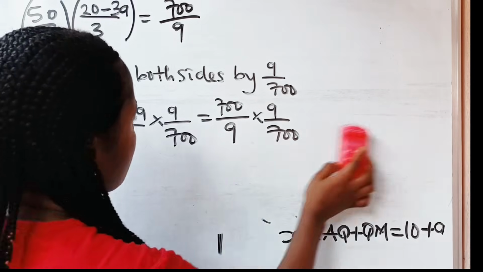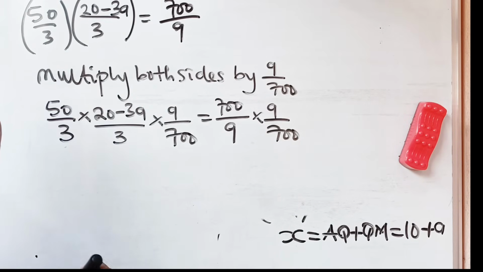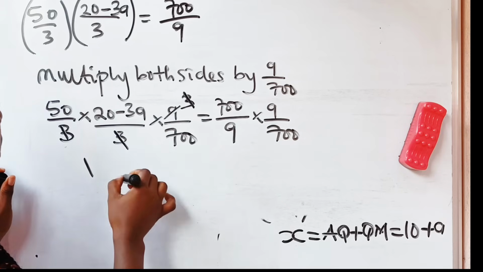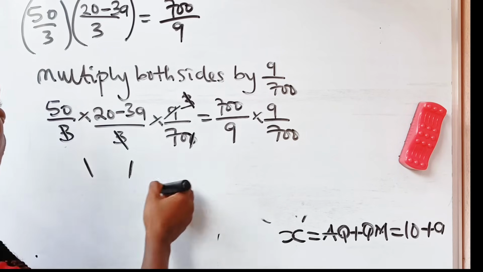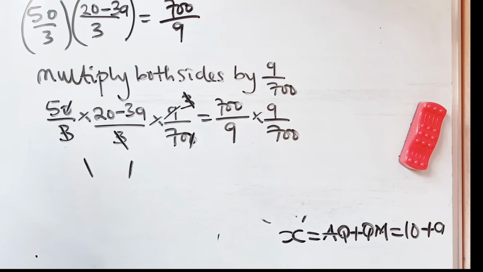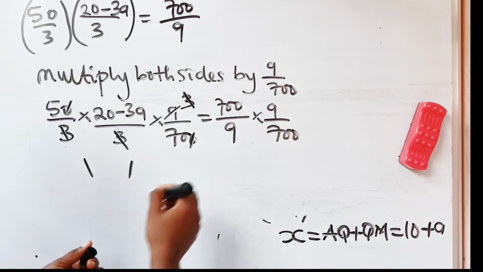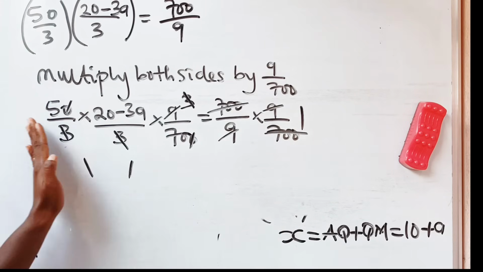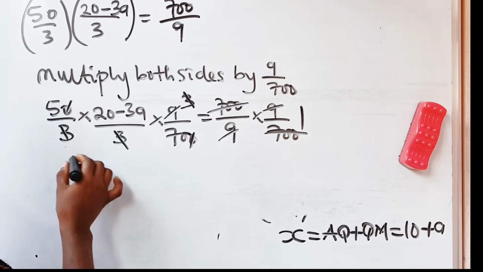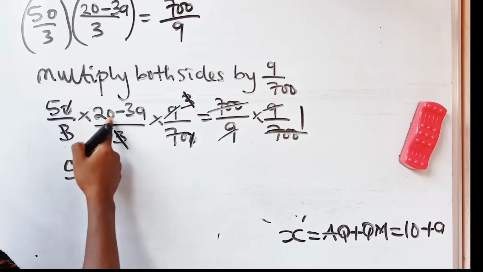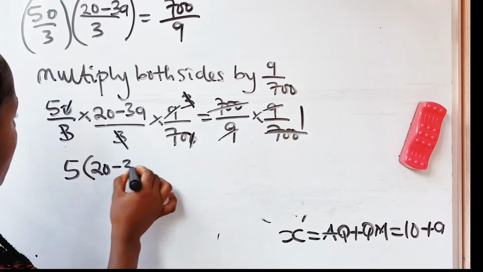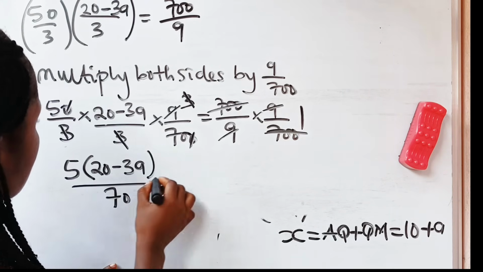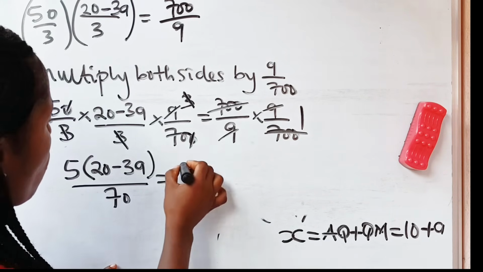All right, so if we solve this, the 3s cancel and the 9 and 700 cancel, so we have 1 on the right. In all, we have 5 bracket 20 minus 3a, all right, divided by 70 is equal to 1.